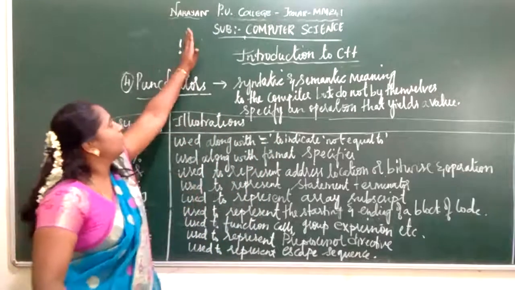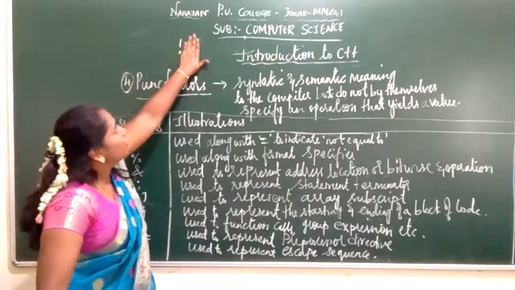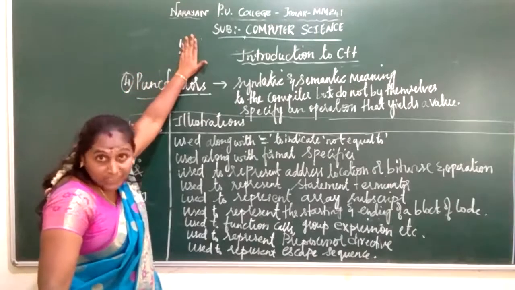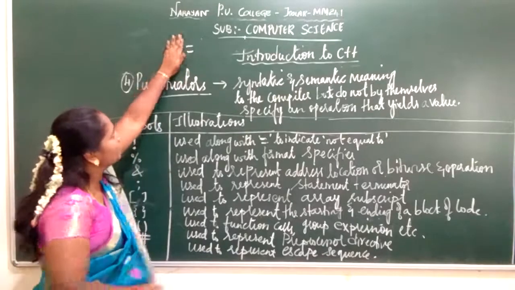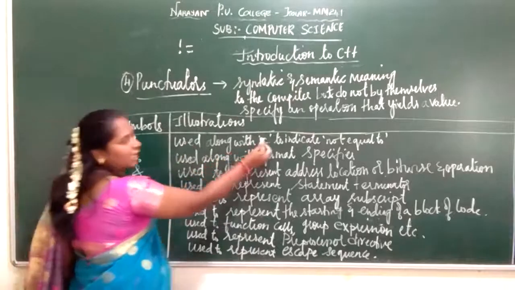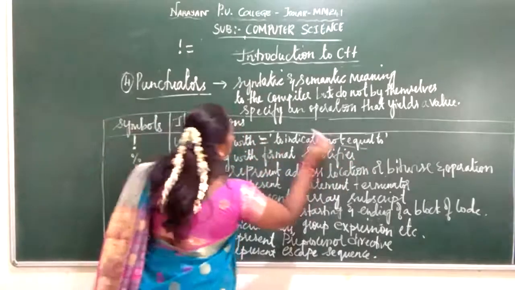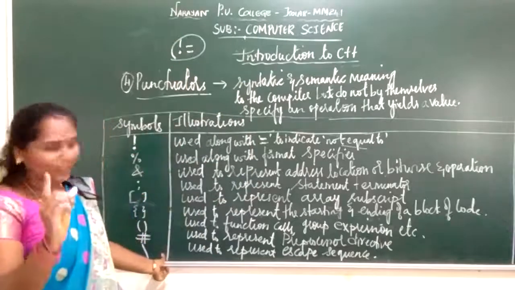See this punctuator, the exclamation mark. It cannot be used alone. It is used in combination with the equal sign to indicate not equal. This is one kind of punctuator.